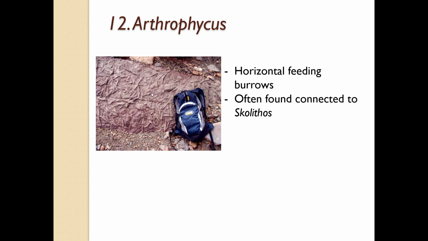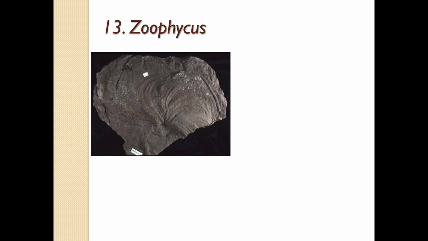All right, and finally, one of the most fun sedimentary structures to say is Zoophycus. And Zoophycus is also a feeding trace, but instead of it being a vertical trace, it's a swirling pattern where an organism sat in this case, very stagnant moving water. You can see it's black, and you can see it's fine grained, which is what you'd expect in slow moving water with not a lot of oxygen in it.